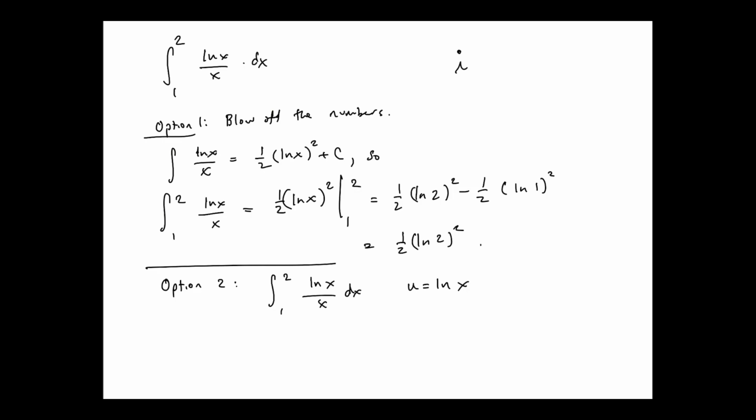How do I know that? Because it's blah, blah, blah dx. So the 1 and the 2 are x numbers, and I want to transform them into their corresponding u numbers. How do I do that? If x equals 1, then what's the corresponding u value? And how did you get that? Yeah, you just plugged it in for x in my u formula, and then did the arithmetic.